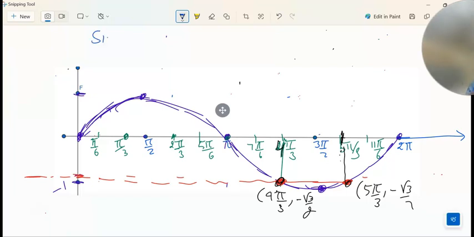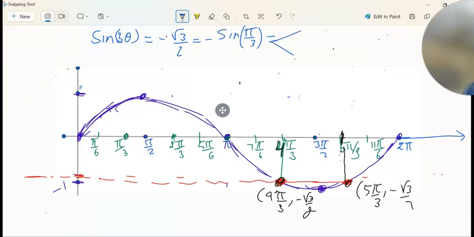So sine of 3 theta was minus root 3 by 2. Another way to do it, an analytic way, is that we know this is minus sine of pi by 3. And then because in the third quadrant and the fourth quadrant we can have two answers, one of the answers is 2 pi plus pi by 3, which is 4 pi by 3.